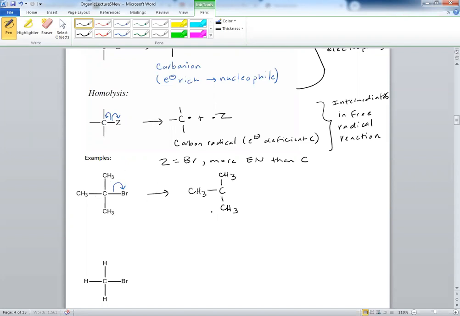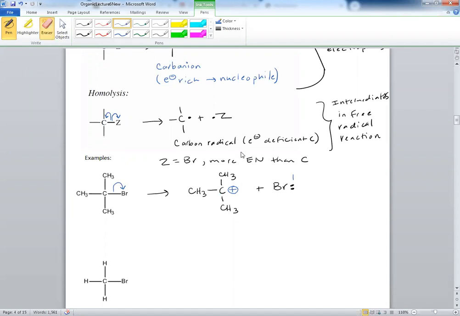What charge would be on C if the electrons went away from it? That would be a positive. So what is this? A carbocation or a carbanion? If you said carbocation, you are correct. Yes, it's a positive, it's a cation.